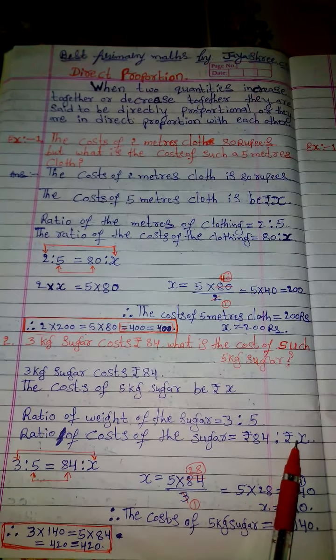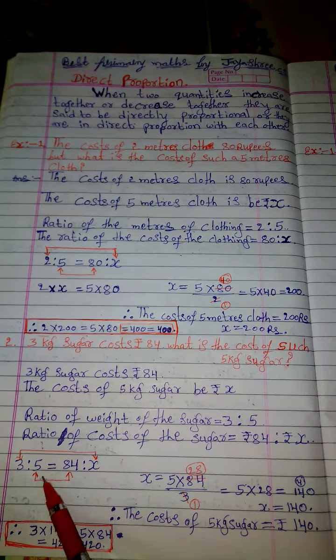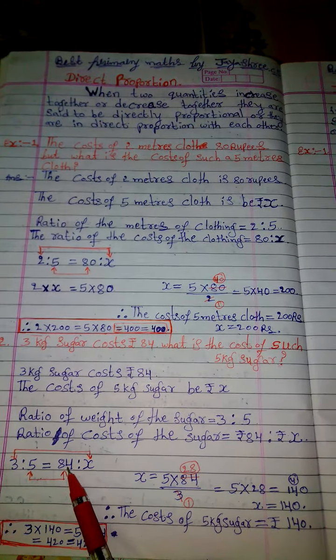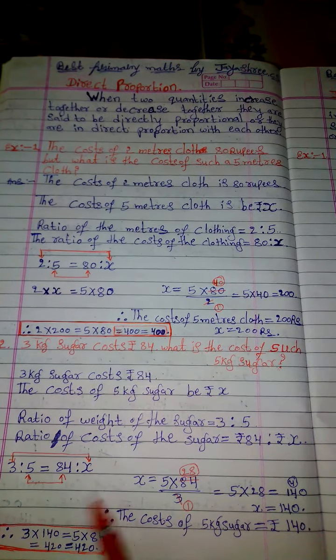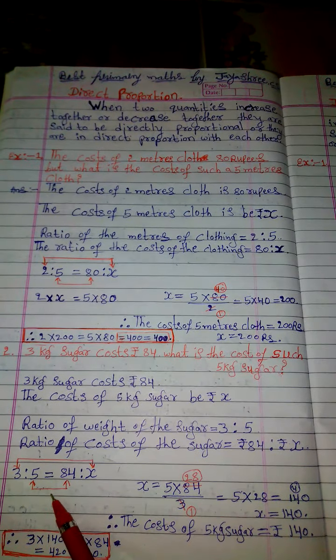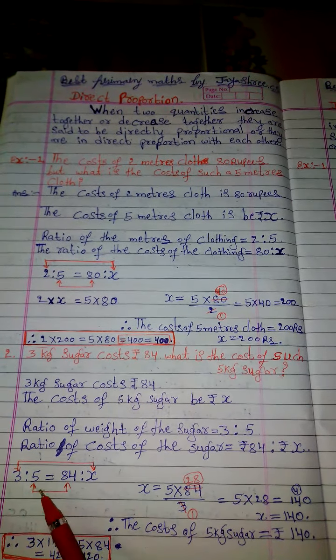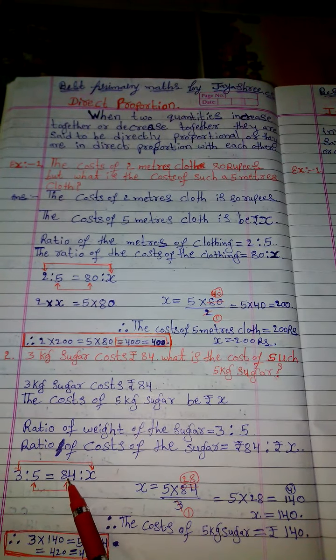In a proportion, the product of extreme terms equals the product of middle terms. Extreme terms are 3 and X, and middle terms are 5 and 84.